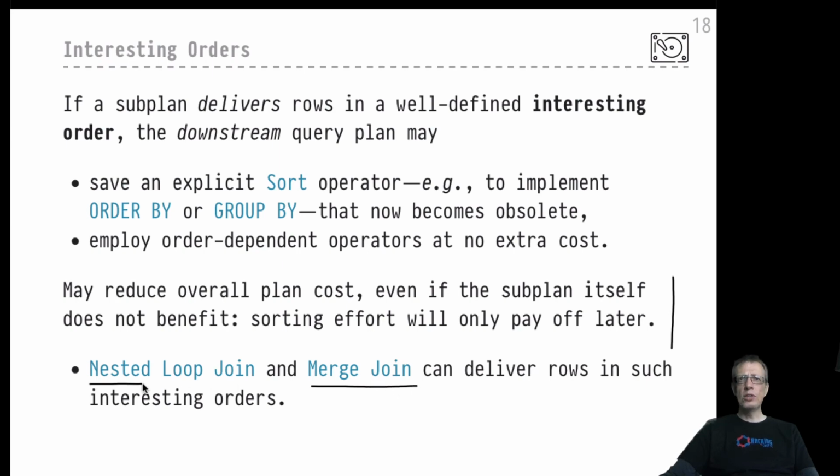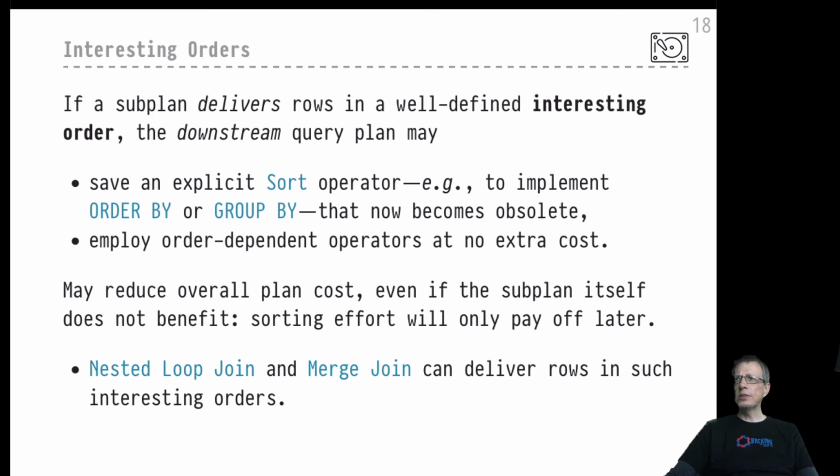Nested loop join can do this as well. So both of these are to be considered in this interesting orders scenario. Hash join, as we will see, cannot promise row order at all. And as we will see, indeed, PostgreSQL plays with the interesting orders and tries to save effort here.